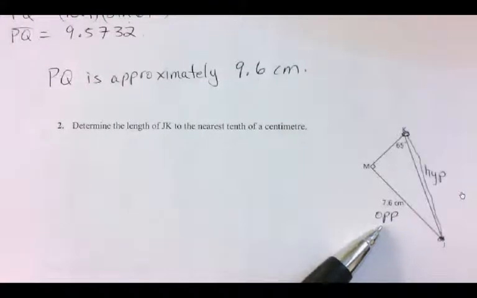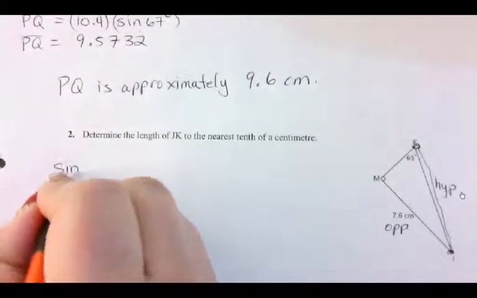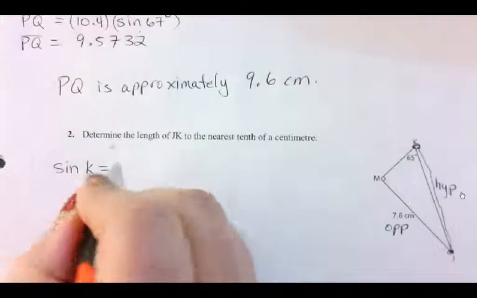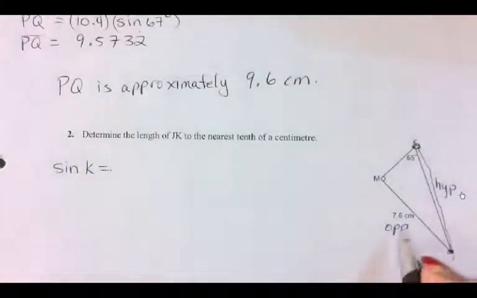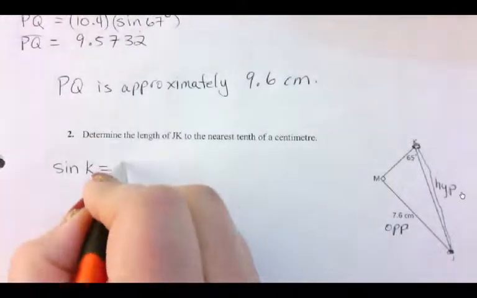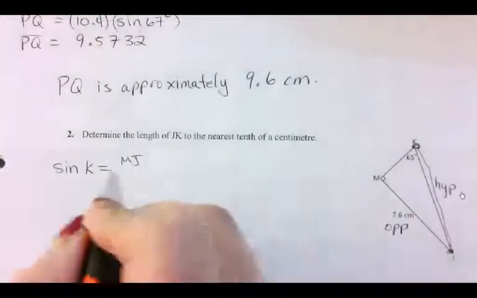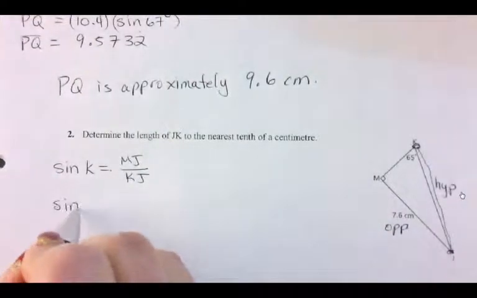So opposite and hypotenuse. So again, this is going to be sine. So sine of angle K is equal to opposite over hypotenuse. Now my opposite is MJ, and my hypotenuse is called KJ. So let's put in the numbers now.